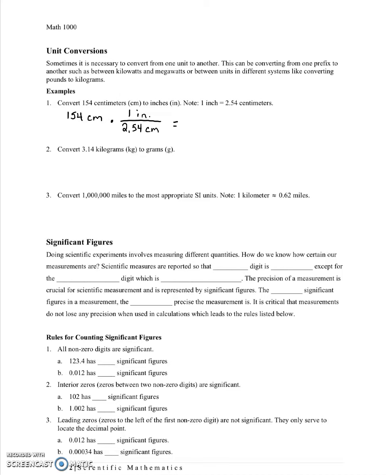The centimeters cancel each other out and we're left with inches, which is good because that's what we're supposed to be converting to. So now we just do the math, and 154 divided by 2.54 leaves us with 60.6 inches.